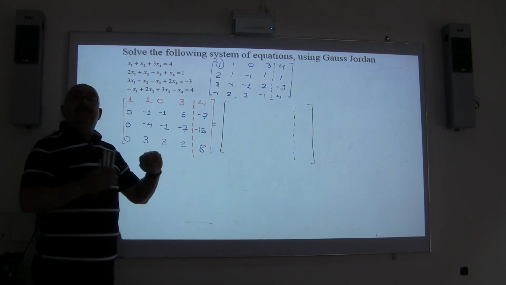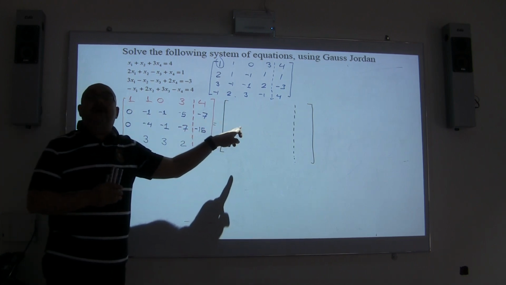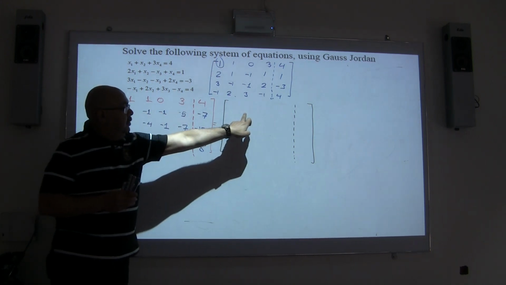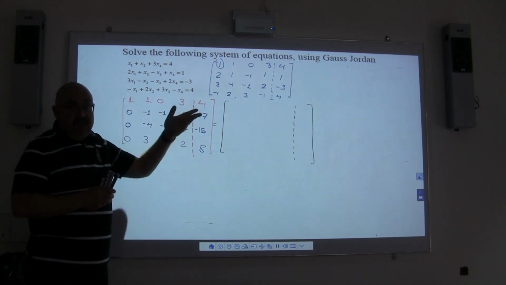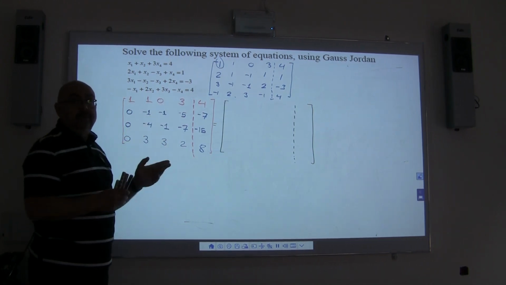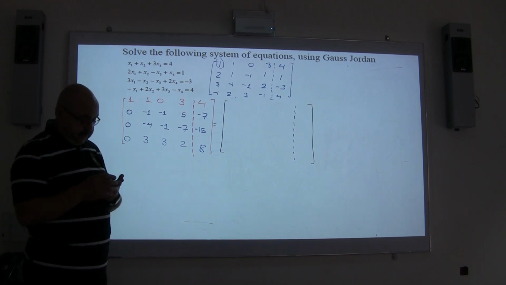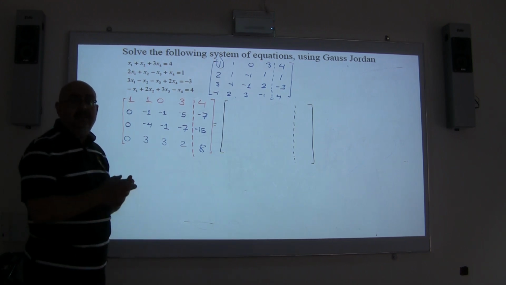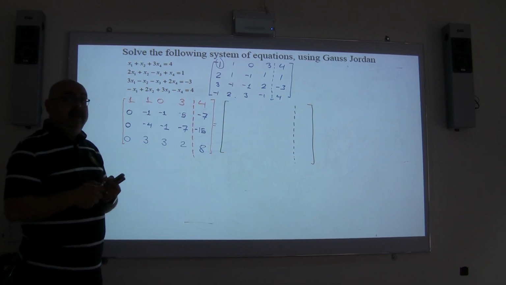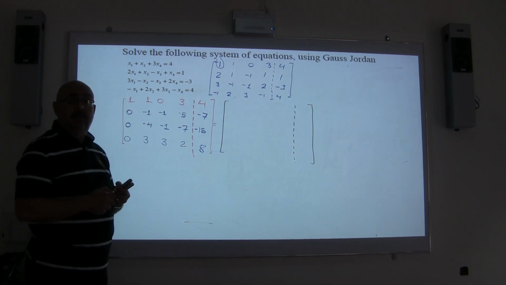Now I want to work on the second row. What do you suggest? Look at the second row. I need this number to be positive 1, but instead of positive 1, we have something else.